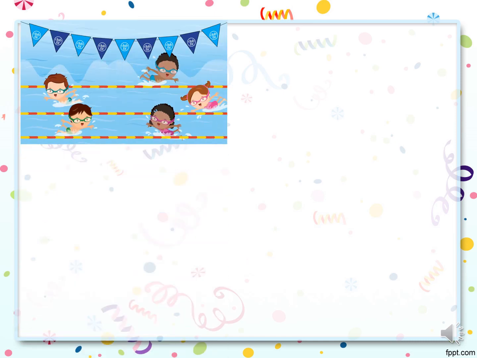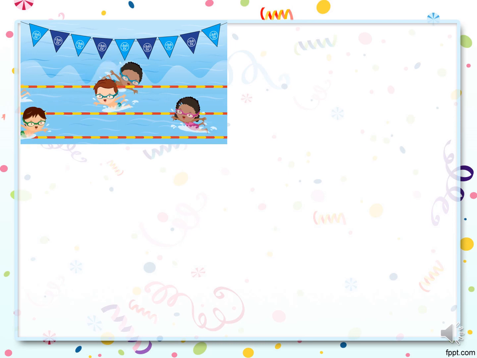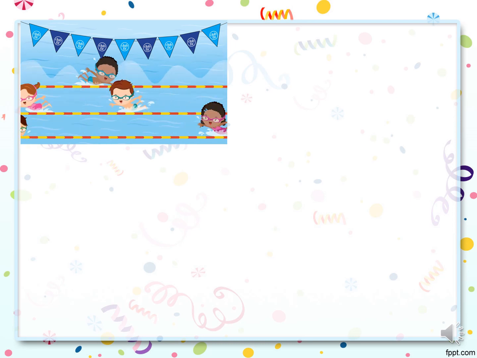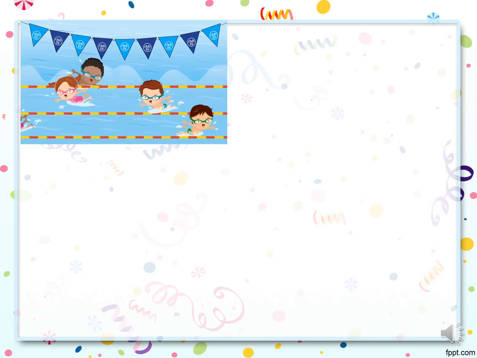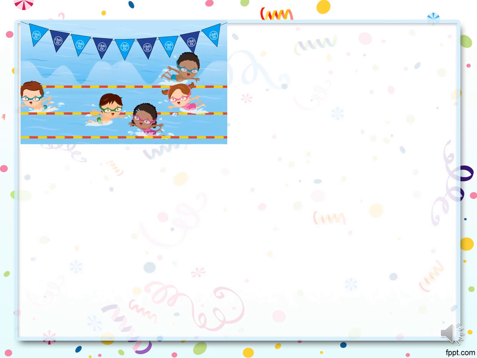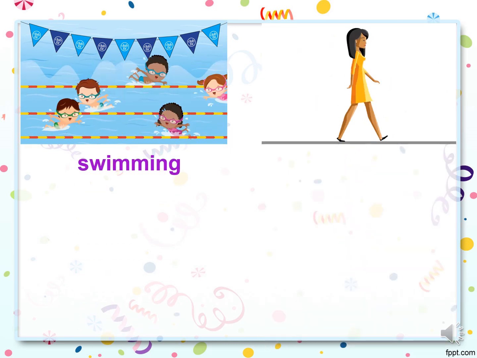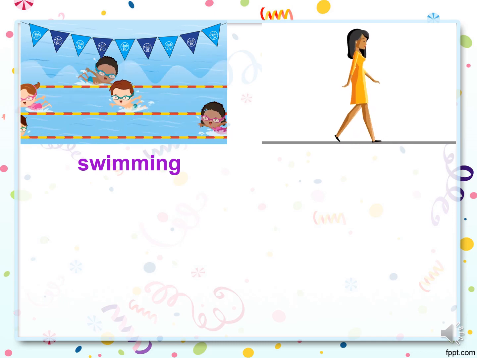So let's describe these pictures together. The first picture, we have here some boys and girls. What are they doing? They are swimming. They are doing some action. What about this lady here? Yes, she's walking.